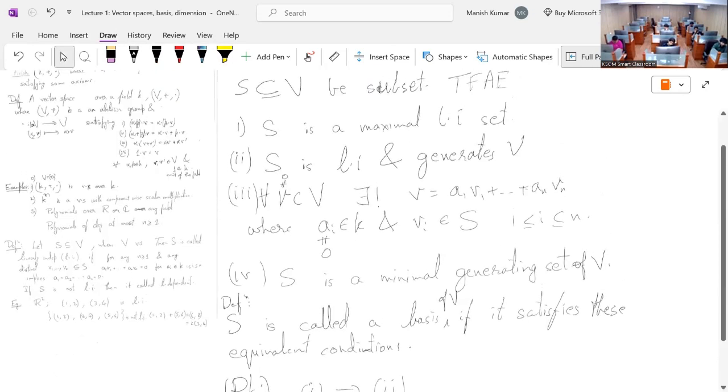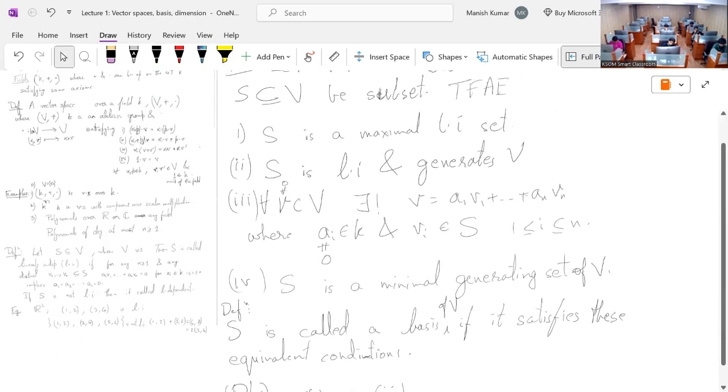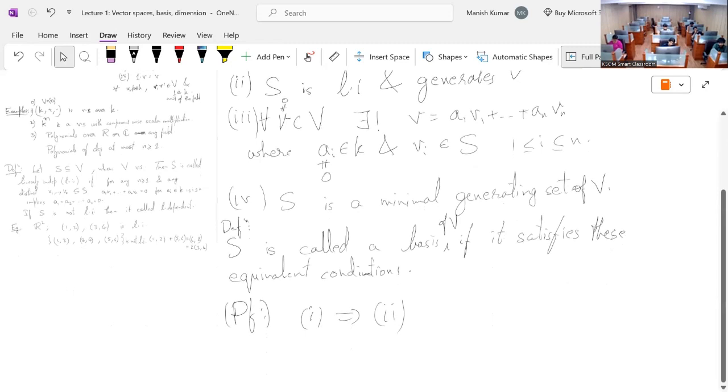One says that S is a maximal linearly independent set. So the first part, S is linearly independent, is obvious. So we only have to check it generates V. That part is also clear, right? So let v be in V.